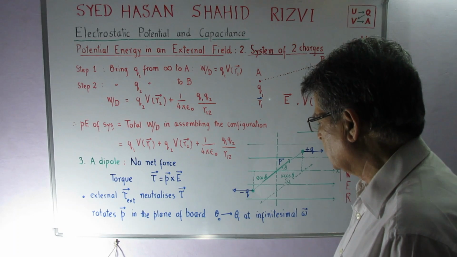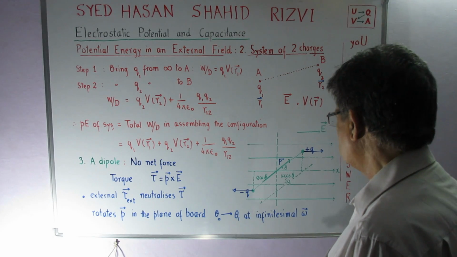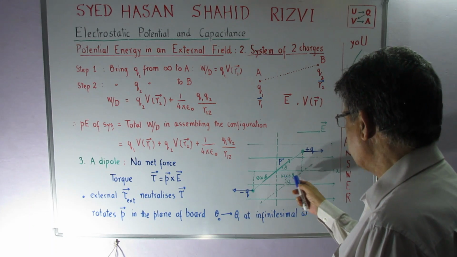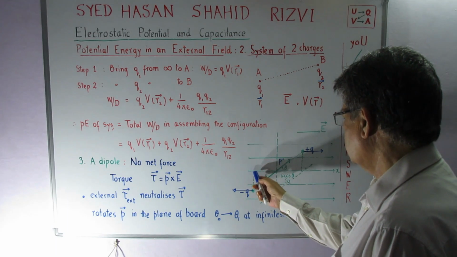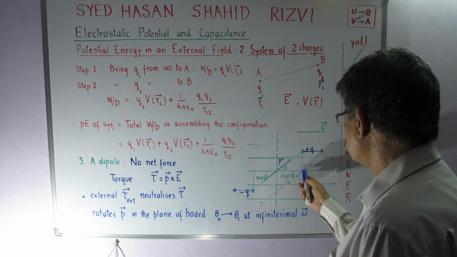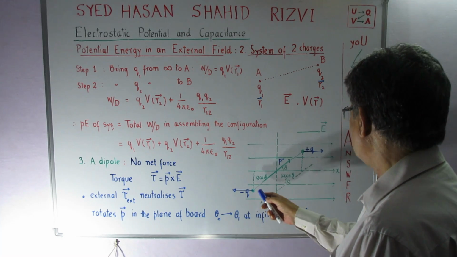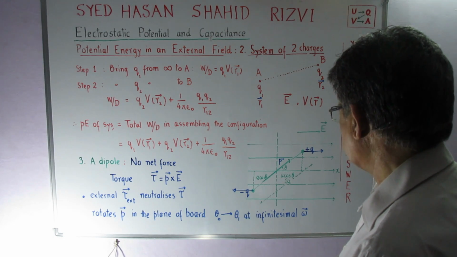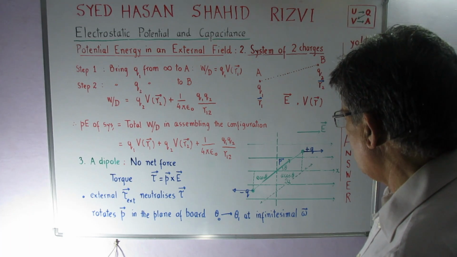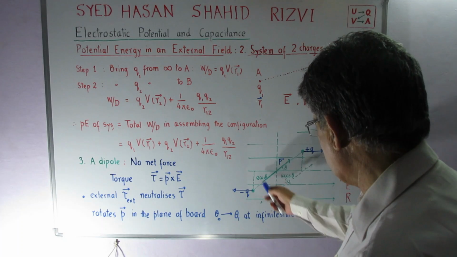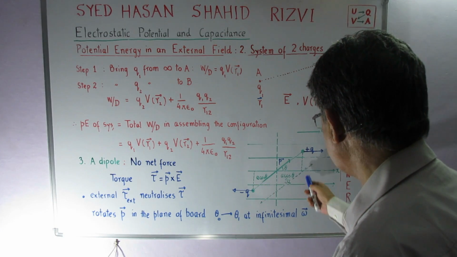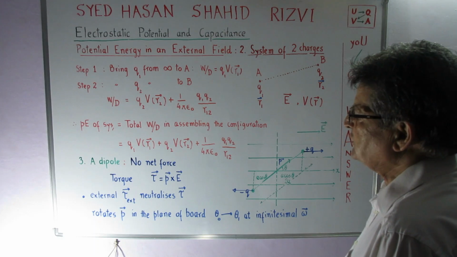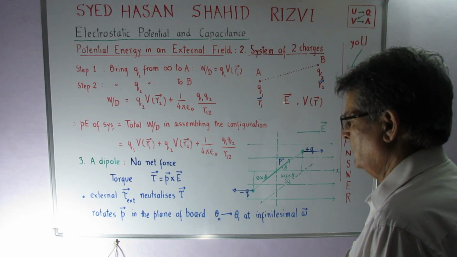I'll tell you what is the convenient thing. From here to here it is a cos theta, and from here to here it is a cos theta. Of course, we will have this value as a sine theta, and a sine theta, etc. So what is the job of this external torque?